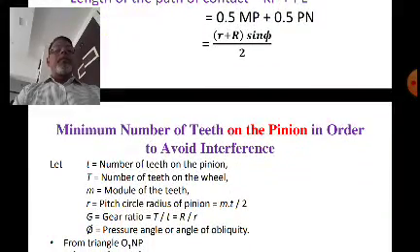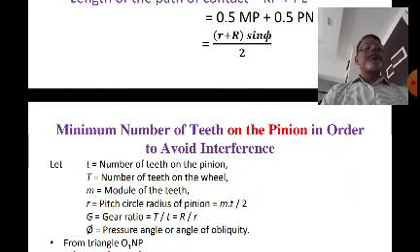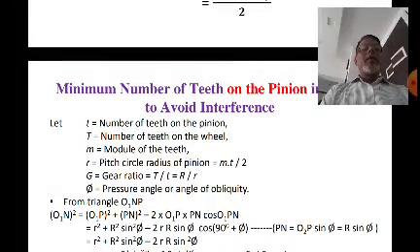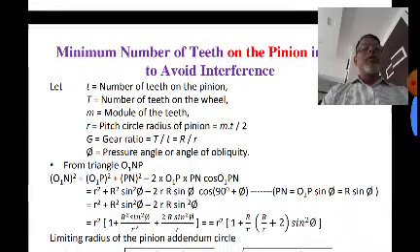Right. Now we can calculate the minimum number of teeth on the pinion in order to avoid the interference. Now how to calculate this? We'll derive the equation. Let small t be the number of teeth on the pinion, capital T the number of teeth on the wheel, m the module of the teeth, and small r the pitch circle radius of the pinion, which we can write in terms of the module and teeth as m into t divided by 2, right?